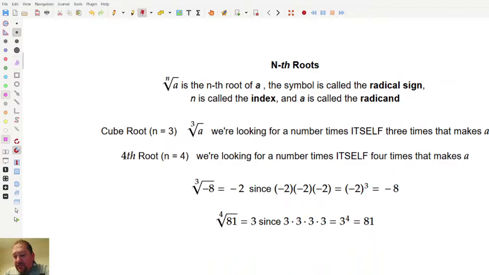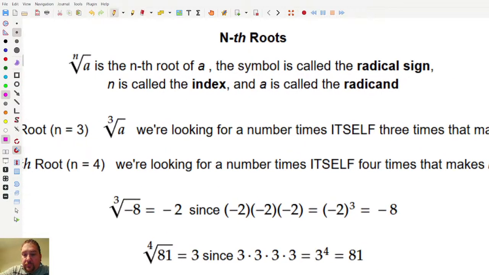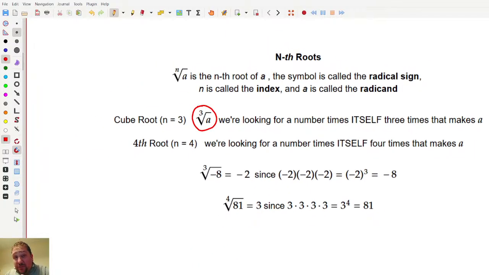When the index is 3, we call it a cube root. And what we're basically asking, very similar to a square root, is what times itself makes the inside. Well, a cube root asks what times itself times itself makes the inside. So basically, we're looking for a number that when it's multiplied by itself 3 times in a row makes the inside value.